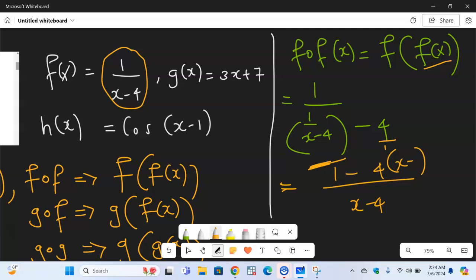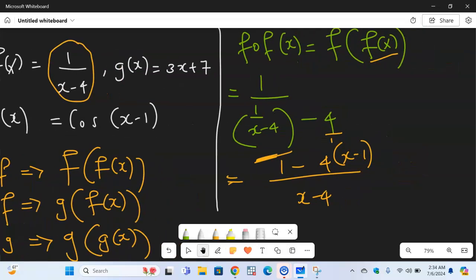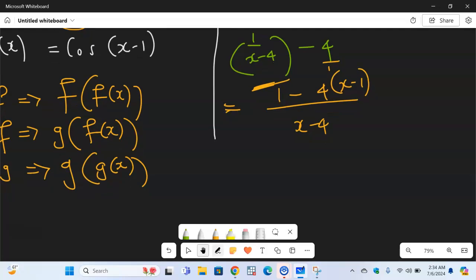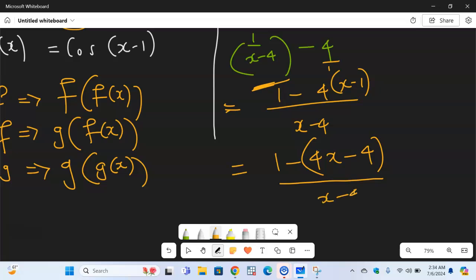So this is 1 minus 4, closing the bracket, x minus 4, then divide this by x minus 4. What do we get? We open the numerator. We get 1 minus 4x, then plus 4, all this divided by x minus 4.